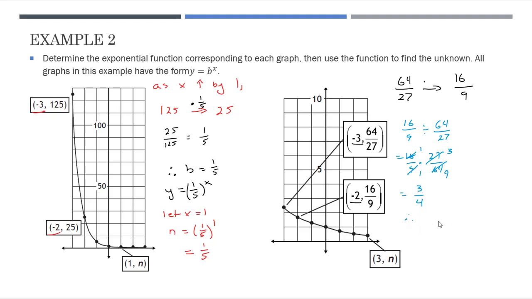So therefore, we have our b is 3/4, and we have this exponential equation of y equals 3/4 in brackets to the power of x. We're not done though. We want to find out what this missing n value is. So we're going to let x equal 3, and y is actually n in our case. So we have 3/4 to the power of 3, and 3 cubed is 27, and 4 cubed is 64.